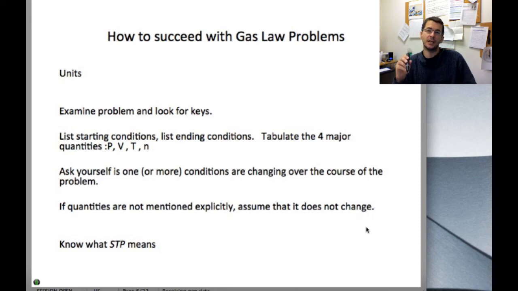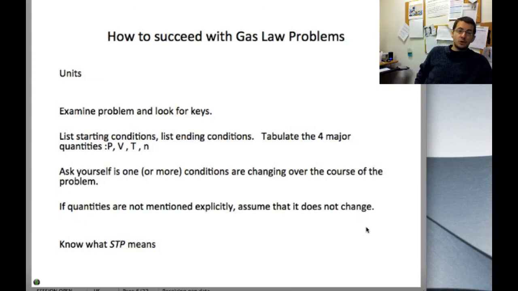Another thing is, look at the problem. Look for key words like change or things that stay the same. A general tip is to start listing out starting conditions and ending conditions.